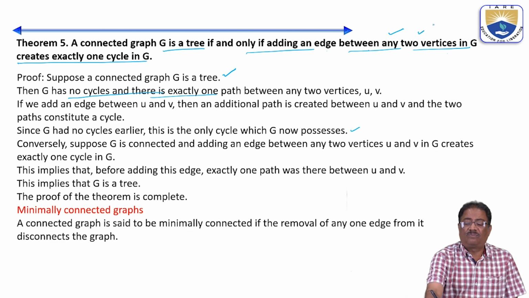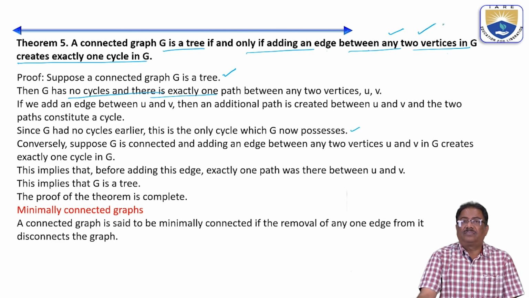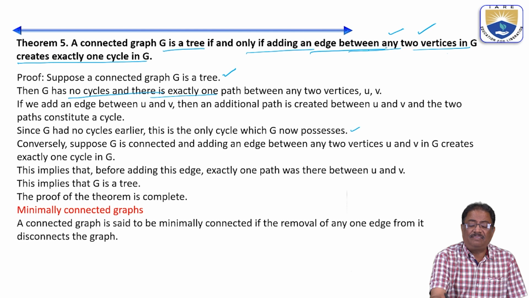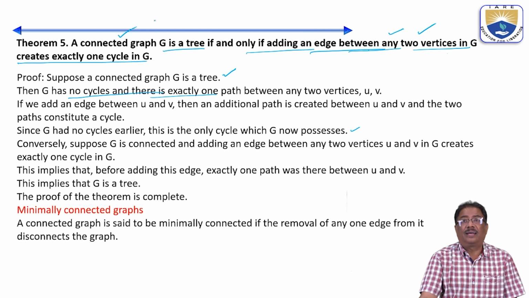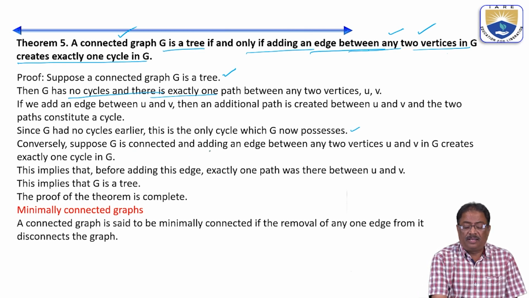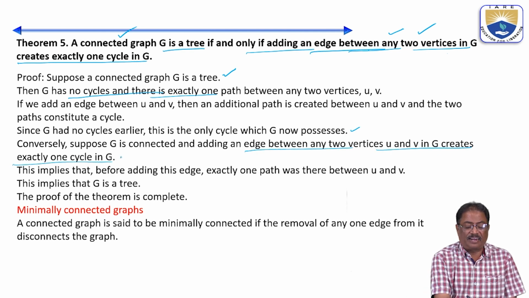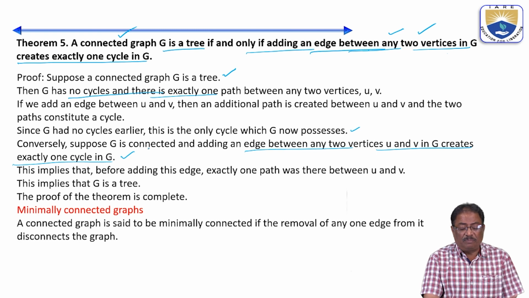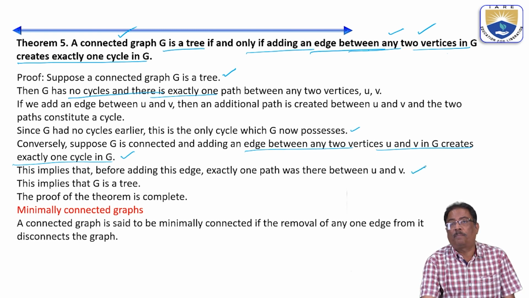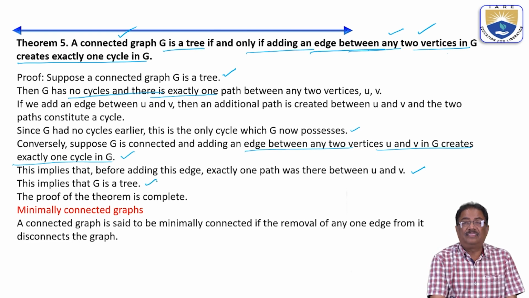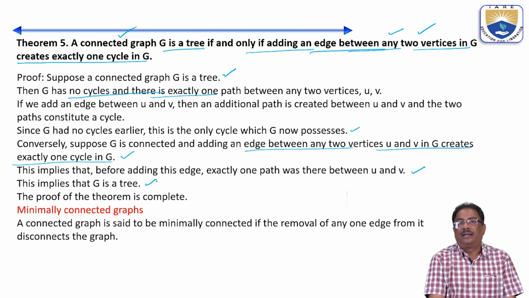So this is the first result. And conversely, we are going to prove that the graph is a tree. Suppose the graph is connected and adding any edge between two vertices creates exactly one cycle. This implies that before adding this edge, there is exactly one path. So we can say that G is a tree.